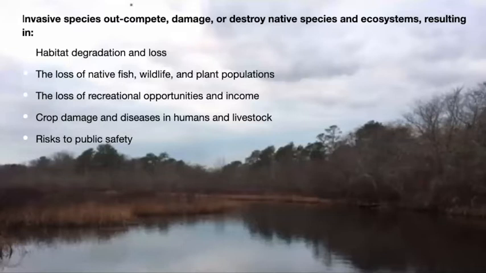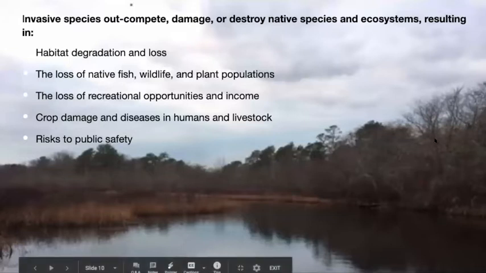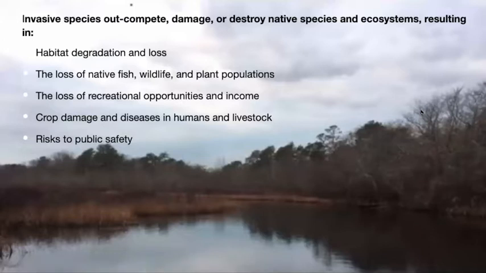And what does it actually mean to cause harm to an ecosystem? Well, basically, these invasive species result in habitat degradation and loss. They outcompete native species and spread throughout ecosystems rapidly. And so you lose the habitat, you lose the native wildlife, fish, plants, birds, et cetera, that use that native habitat.